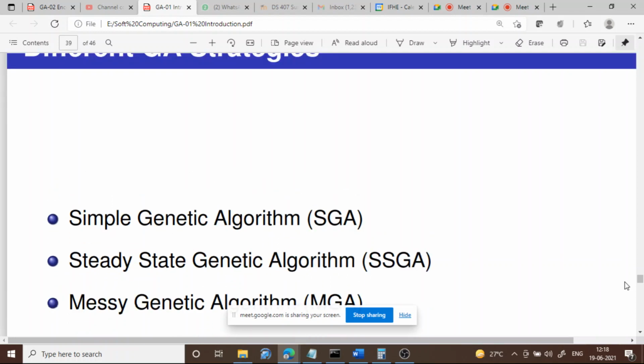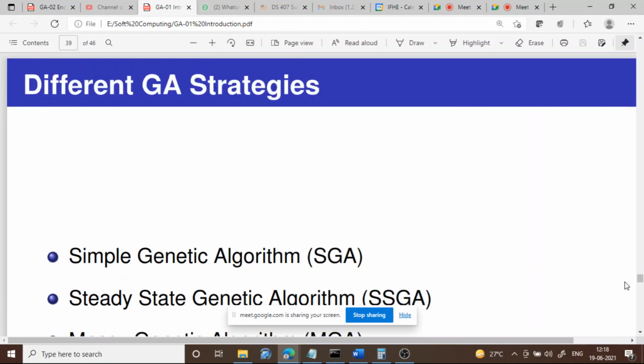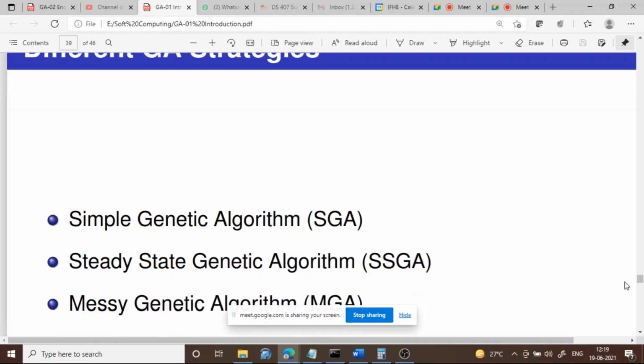All these are basically optimization techniques. Genetic algorithm is also an optimization technique, but it is applied to problems which are very complex to solve and which involve so many parameters. If you try to apply the traditional optimization techniques, then the cost involved may be very high, or it may be very time consuming, right?